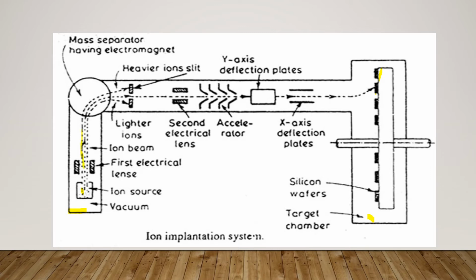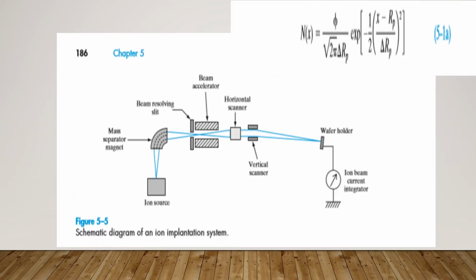This ion beam goes to the mass separator having an electromagnet. Heavier ions will move on one side, lighter ions will move on the other side, and the lighter and heavier ions are separated. The required ions will move in the forward direction, passing through the second electrical lens. Then they are again accelerated. Then there are the y-axis deflection plate and the x-axis deflection plate, and after passing through these deflection plates, they strike the wafer. So this is the internal assembly of your ion implantation system.